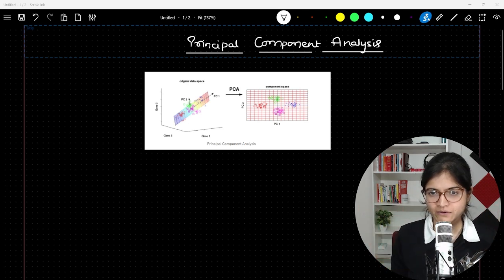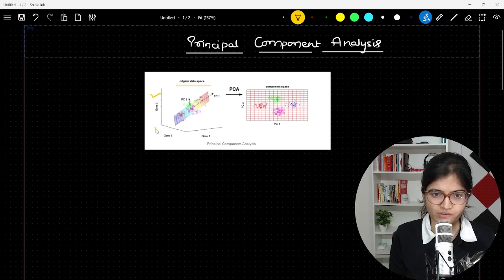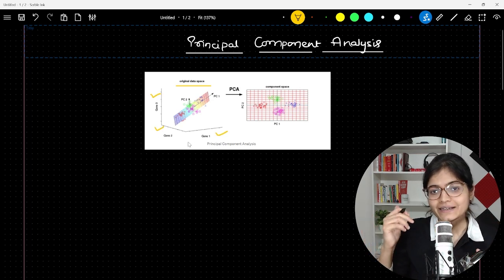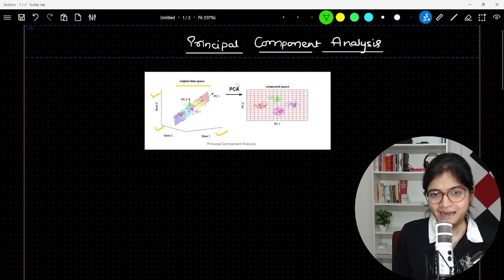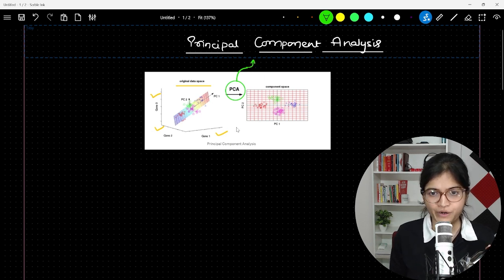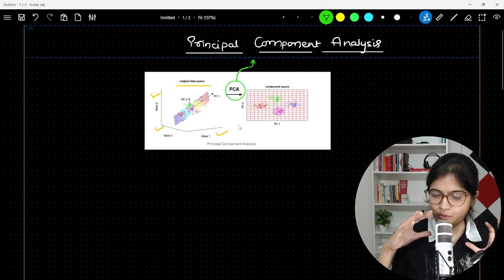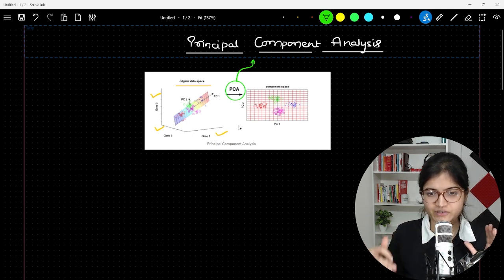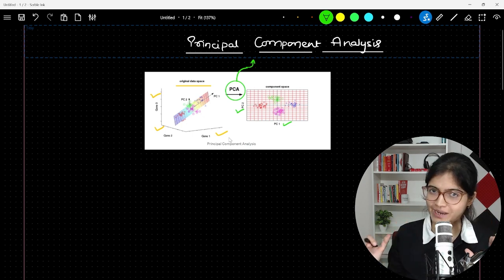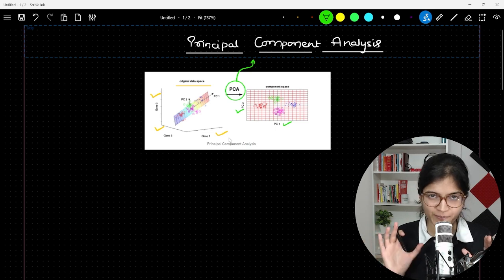For example, in this particular picture, you can see that we have an original data space which is of 3 dimensions, maybe X, Y, Z. And we will apply a method, PCA, which stands for principal component analysis, which helps me to reduce this 3-dimensional space to 2 dimensions, PC1 and PC2. So you can clearly see that this is what we have: 2 dimensions composed of PC1 and PC2.